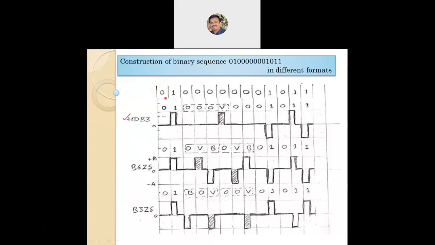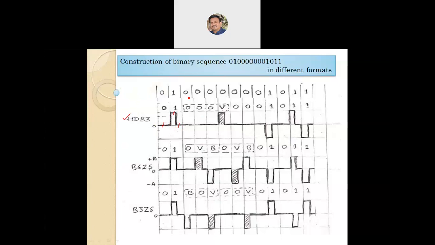The given sequence is 0, 1, 0, 0, 0, 0, 0, 0, 0, 1, 0, 1, 1, which means a group of 7 zeros. Now, the first bit 0 has 0 amplitude. The 1 is going to have plus A for half pulse width, and the remaining half is 0 amplitude.